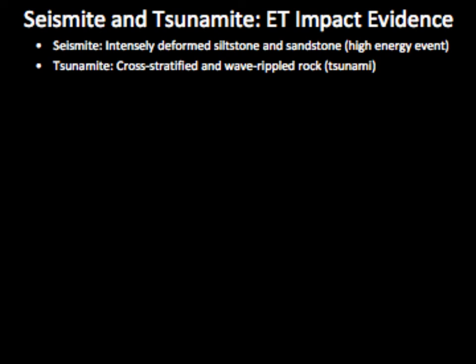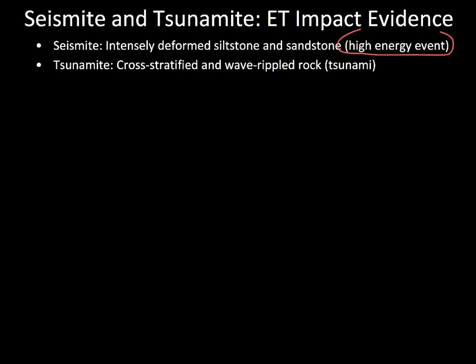These are just complicated words for different types of geology that provide evidence for either seismic activity or tsunamis. Seismite, as I've defined it here, is a very deformed rock, usually a very deformed sedimentary rock, that results from a very high-energy event.